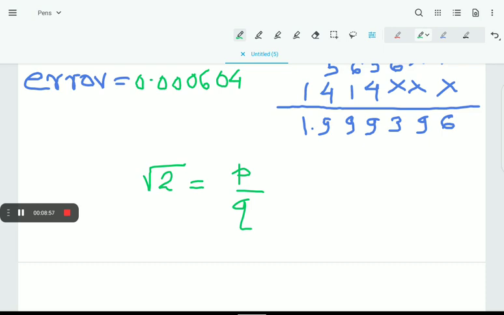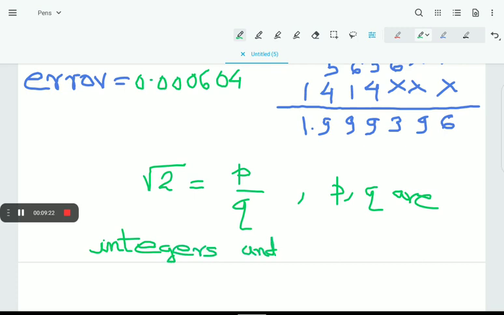We are getting better and better values of p and q, but not the perfect one. So let root 2 equal to p by q, where p and q are integers, and they have no common factor.